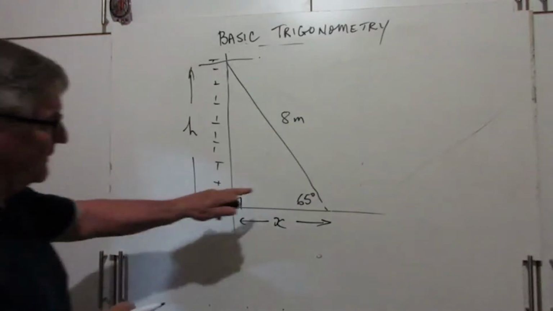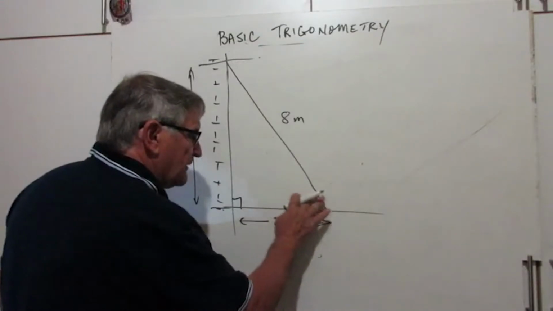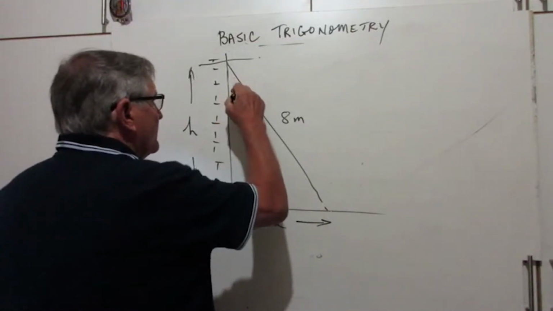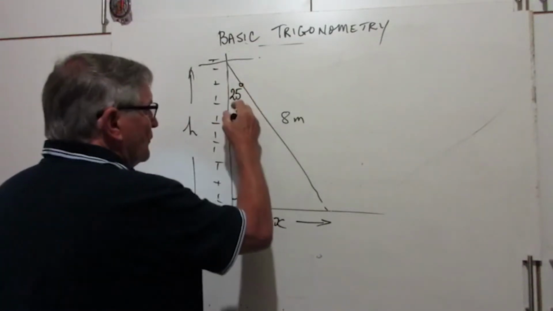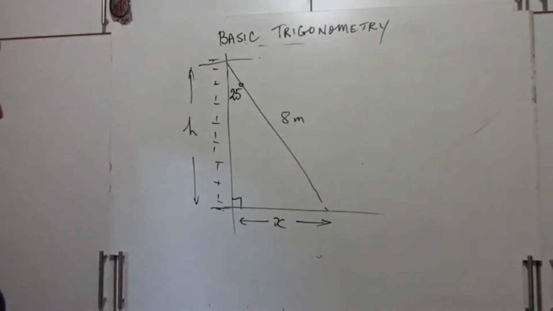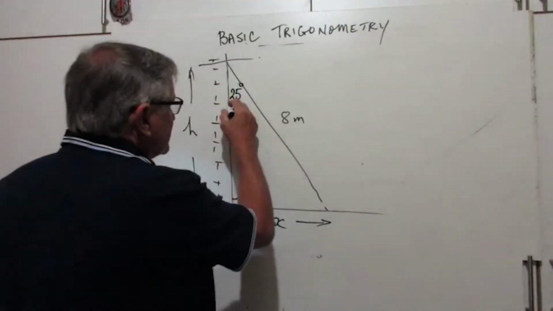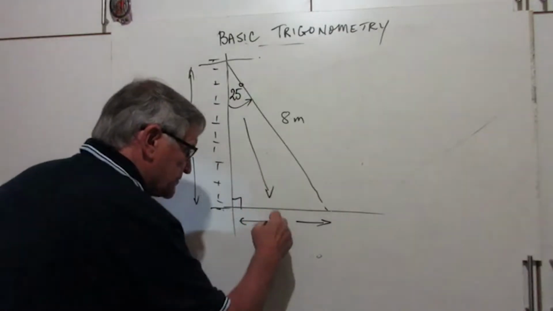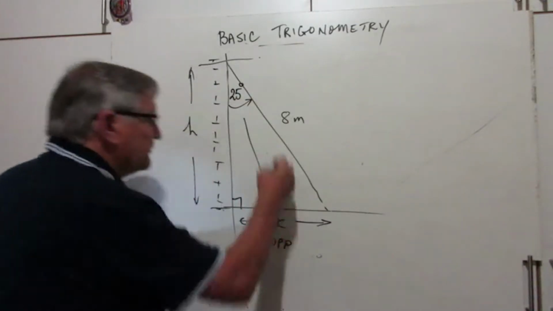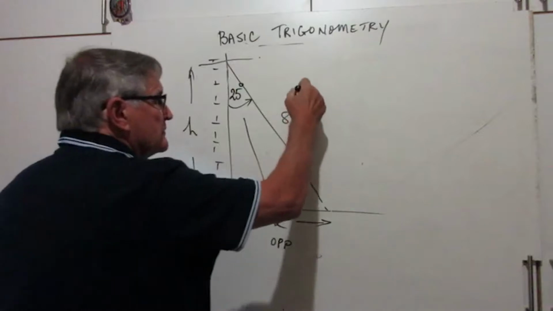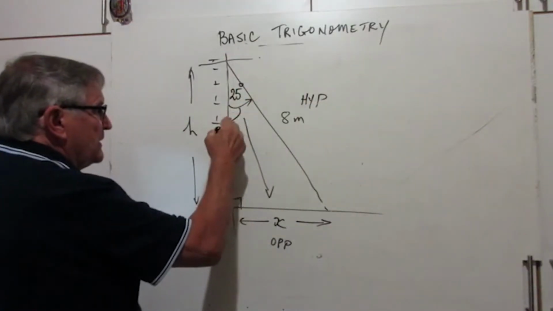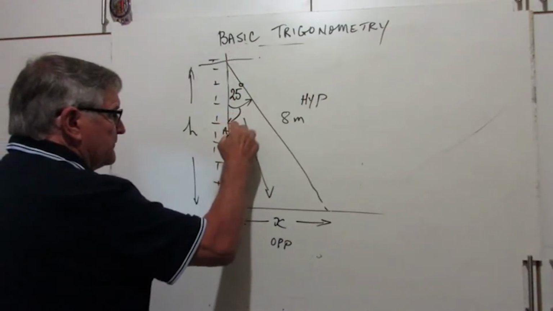Okay, so let's change that. Let's say that the angle the ladder makes with the wall is 25 degrees. Okay, so this is our given angle now. This will be our opposite side. This is clearly the hypotenuse, because it's the longest side, and this will be our adjacent side.